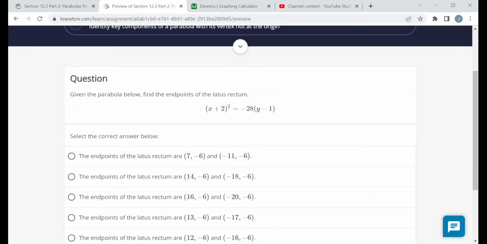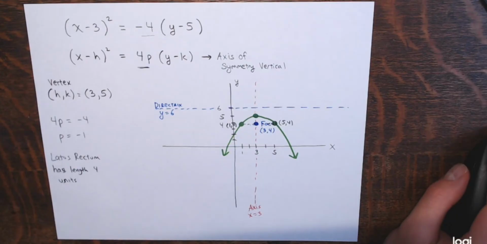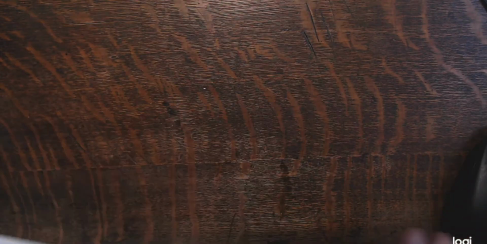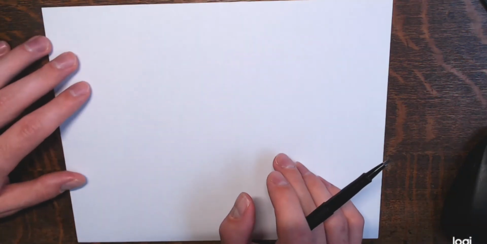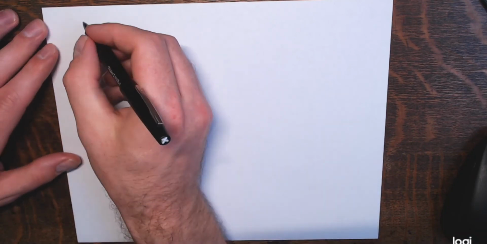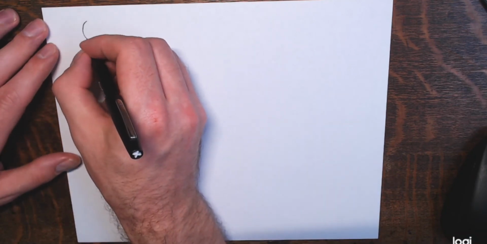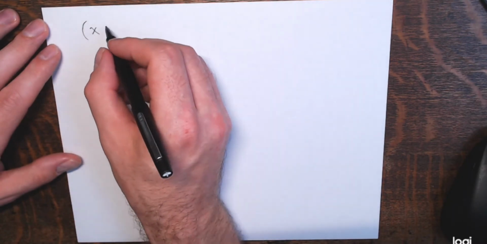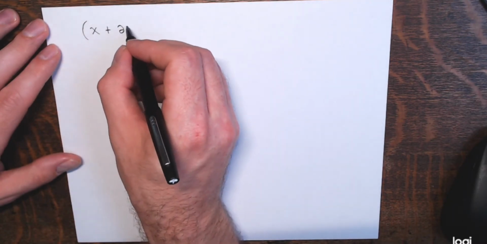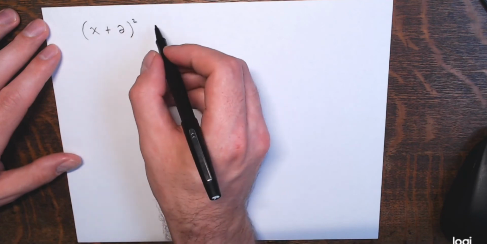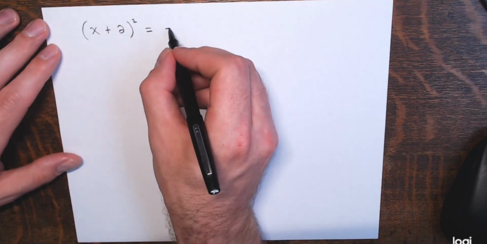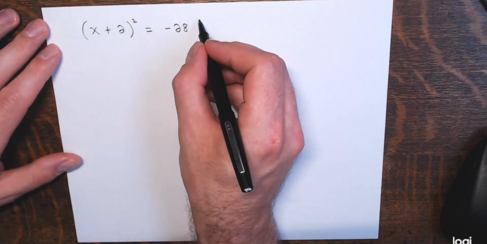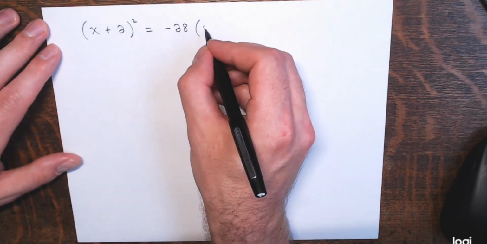Alright, so I'm going to do the same thing I did in the last problem. I'll write out the equation we're given and make a quick sketch of a graph, and we'll find those endpoints of the lattice rectum. Once again I'm given an equation where the x is squared and the y is not. So that's x plus 2 squared equals negative 28 times y minus 1.